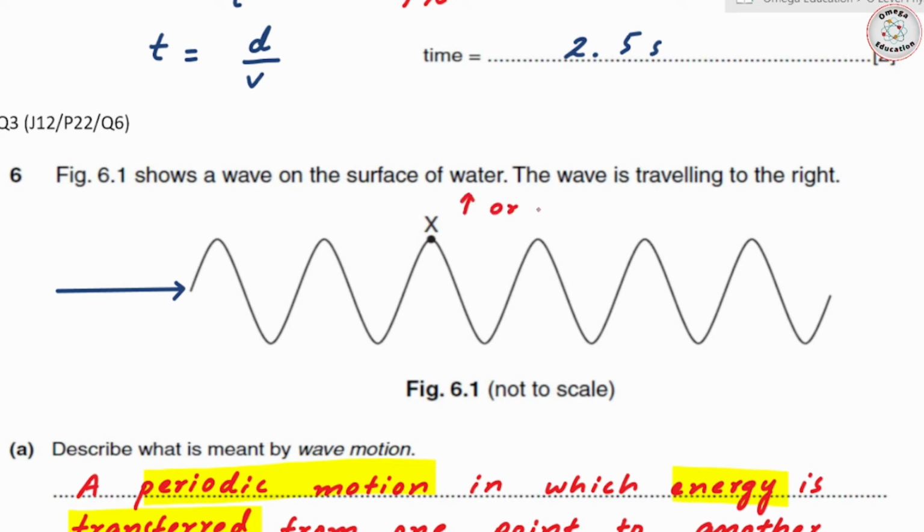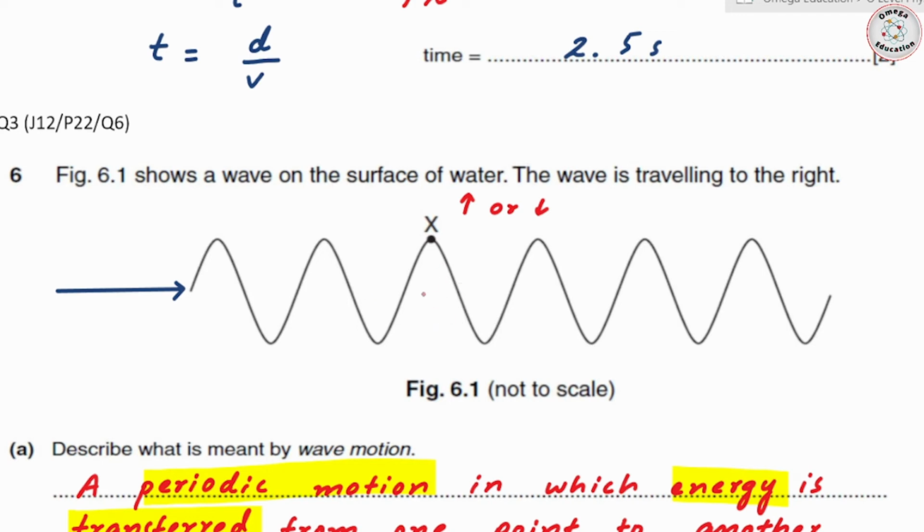How do we know that? Because if the wave is traveling to the right and this is a transverse wave, the particles vibrate perpendicular to the direction of wave travel, so the only way is by moving up and down.